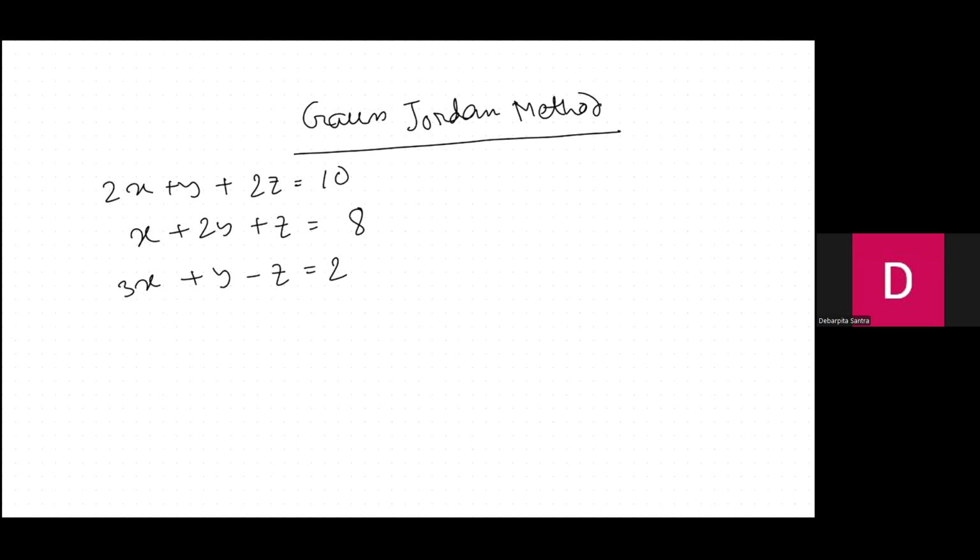So what is our augmented matrix? From equation number 1, the coefficient of x is 2, the coefficient of y is 1, the coefficient of z is 2, and on the right hand side of the vertical line we write 10.